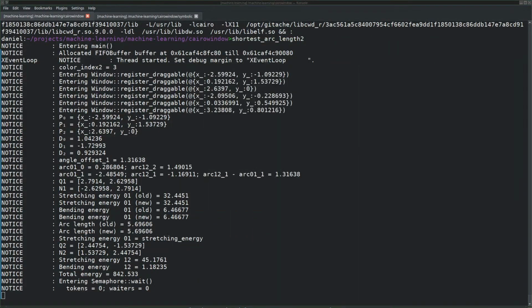But yeah, that just prints this. The stretching energy is the stretching energy. Oh, okay.